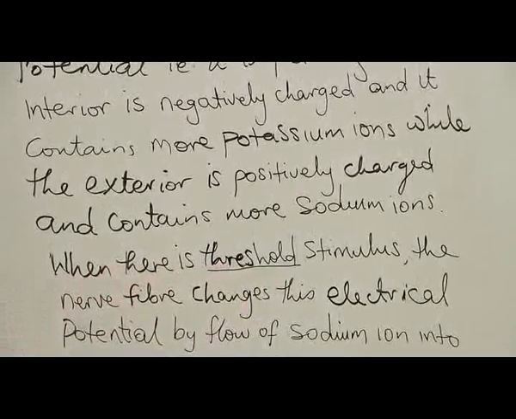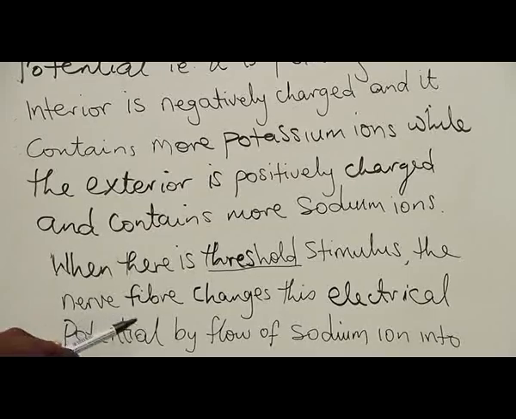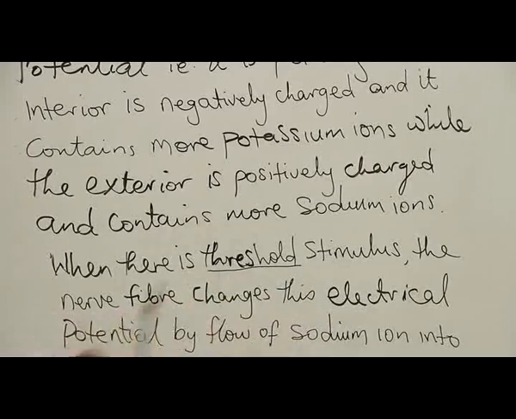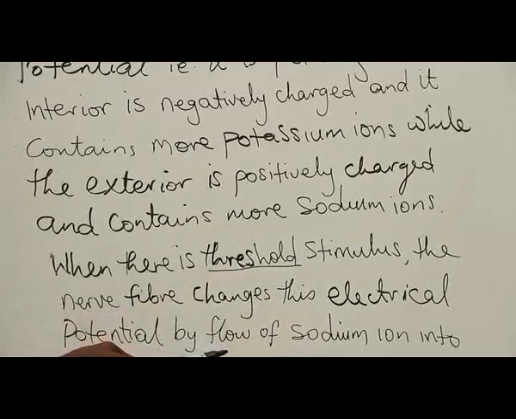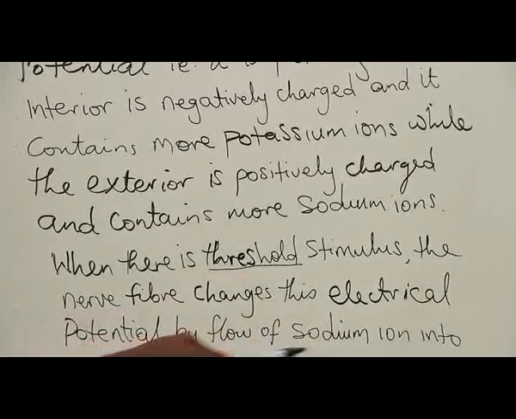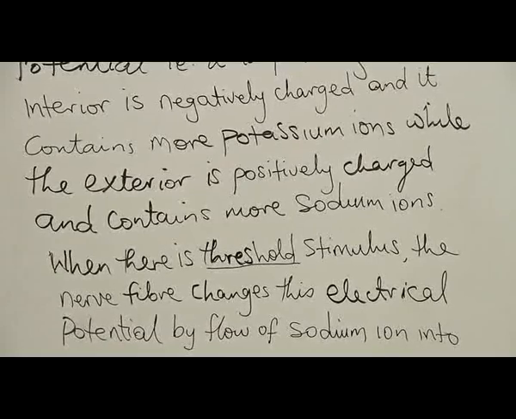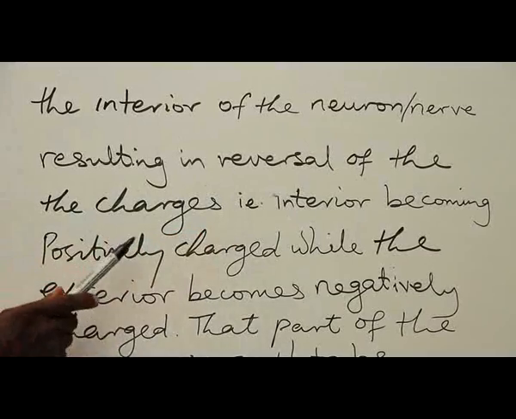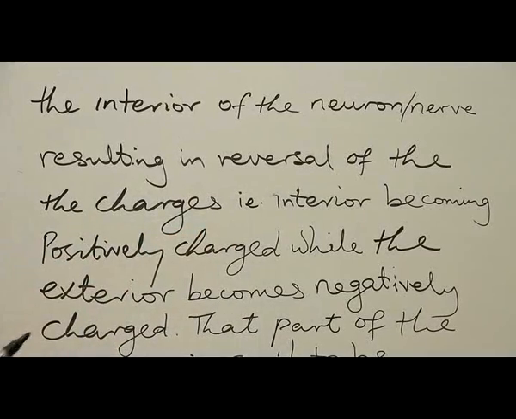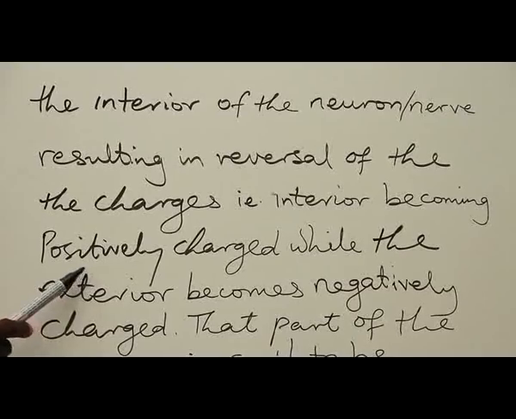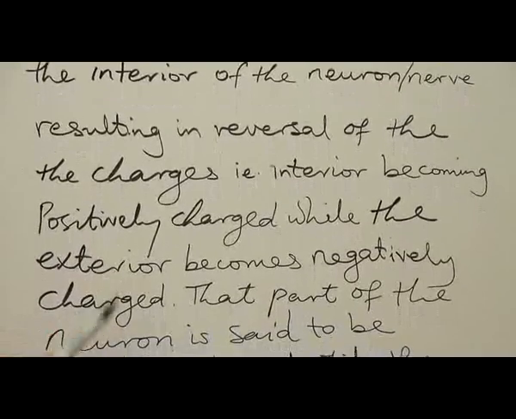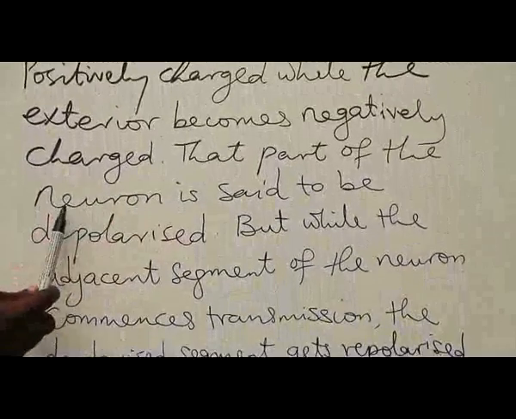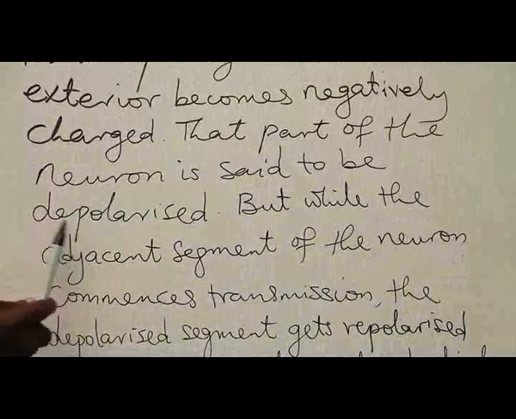So if there is enough stimulus, the nerve fiber changes its electrical potential by an inflow of sodium into the neuron, causing the reversal of the charges, making the interior now positively charged and the exterior negatively charged. That part of the neuron is said to be depolarized.